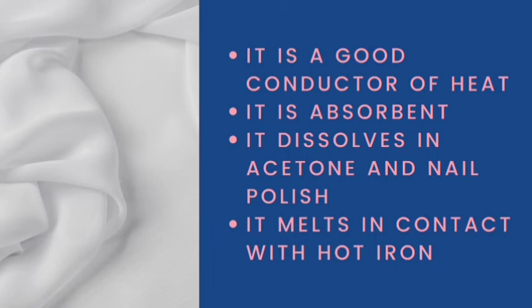It dissolves in acetone and nail polish remover. It is a good conductor of heat. Acetate fabrics melt in contact with hot iron, or rather we should use the word it doesn't take heat. It is fairly cool to wear but uncomfortable in hot weather.